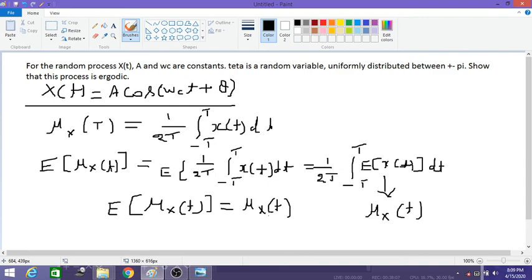Okay, so we're not going to find the mean here because both the means are the same.